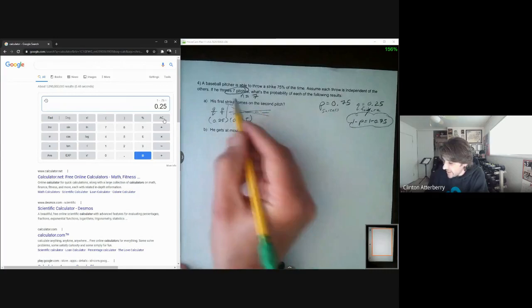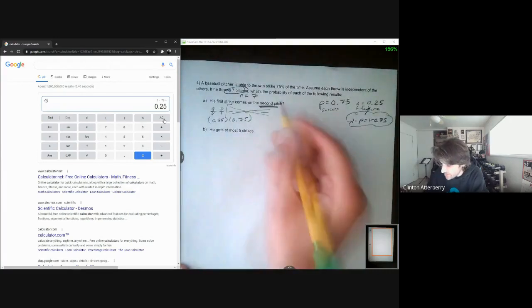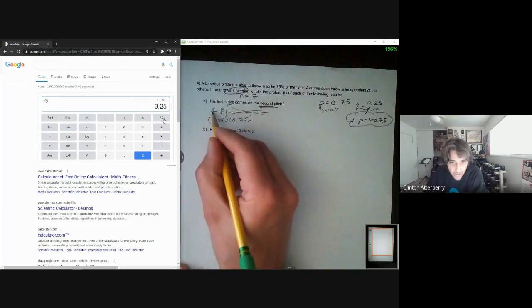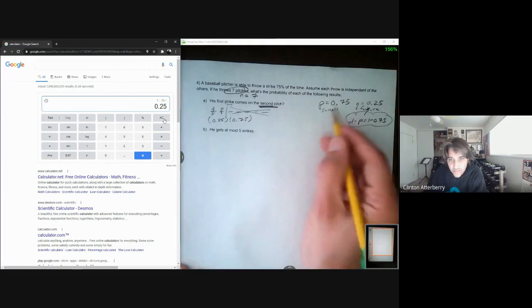So take a look at how this works. This says the second pitch. So the first pitch would be a ball or a failure, a Q. The second pitch was a strike, which is the success, the P value.